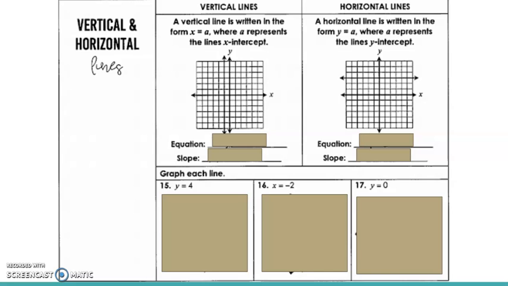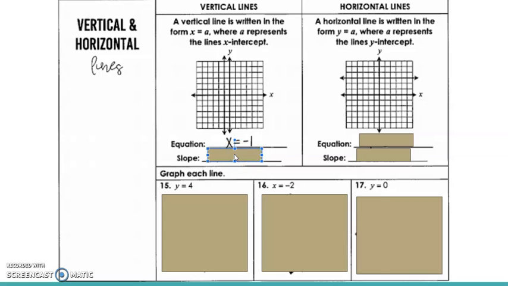With our 0 and undefined slopes, we can write those equations of lines as well. So if I have an undefined line, that means I'm crossing my x-axis. If I'm crossing my x-axis, I'm going to write x equals, and then whichever number I'm crossing at. So in this case, I'm crossing at -1.